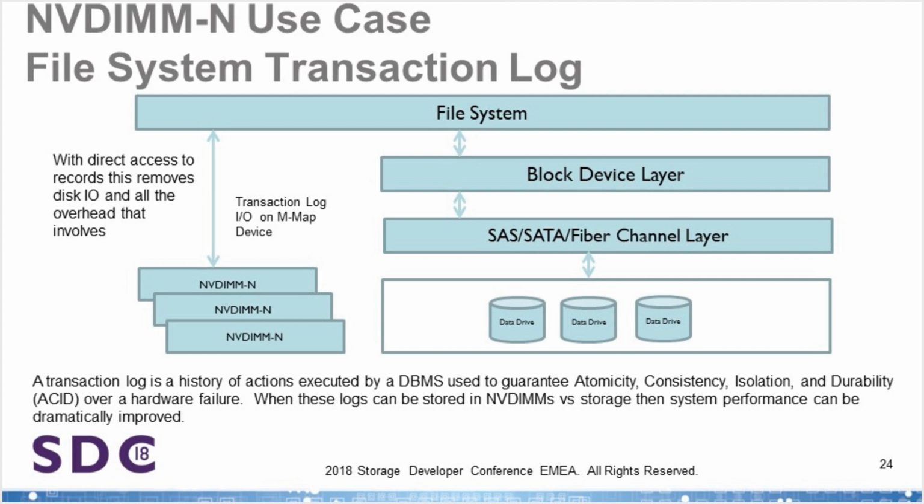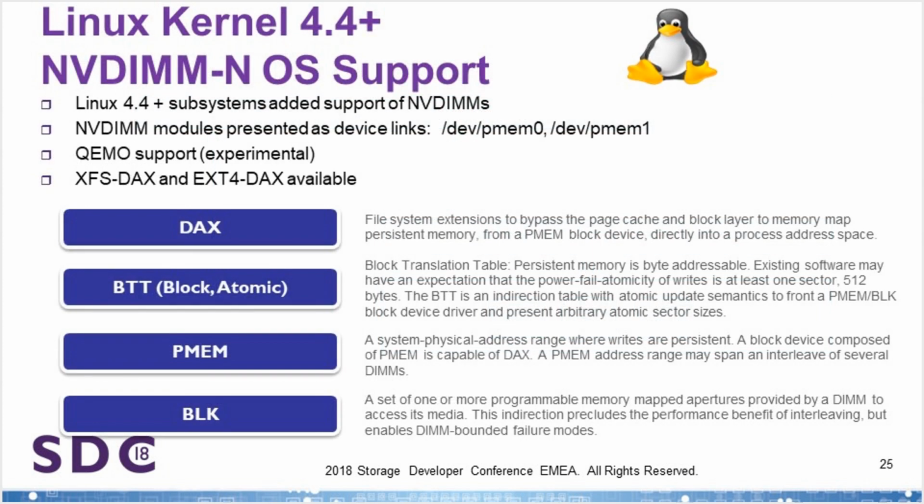The use case is pretty much what I already showed you. Linux 4.4 plus has NVDIMM OS support in it. So look for XFS DAX, ext4 DAX, and this is direct access. DAX is direct access. It's the same thing that Windows calls it too, I believe.